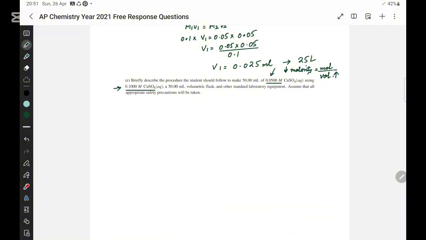So how are you going to do that? First you are going to take 25 ml of the 0.1 molar copper sulfate solution using a 25 ml volumetric pipette. Then you are going to transfer it into a 50 ml volumetric flask.